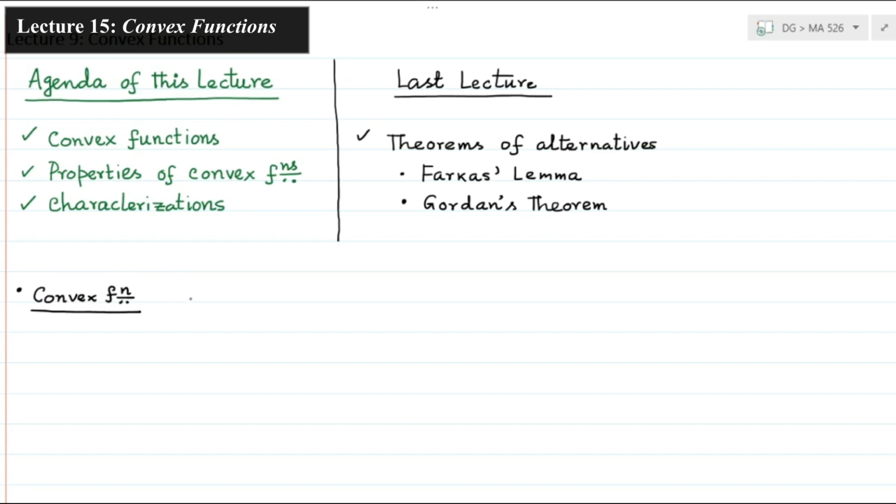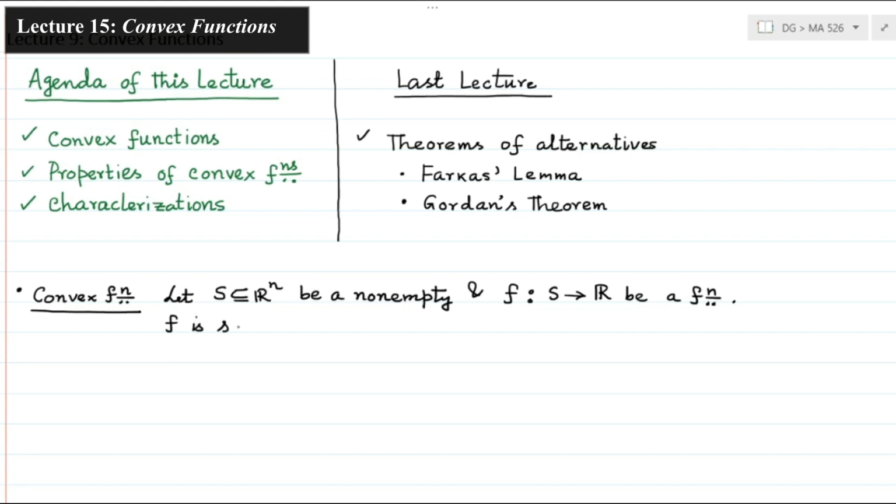So we let capital S be a non-empty subset of the n-dimensional Euclidean space, and f be a real valued function defined on the set. This function f is said to be convex on the convex set S if the following property holds.